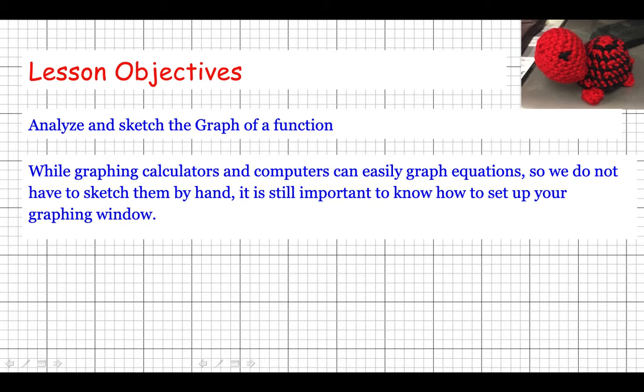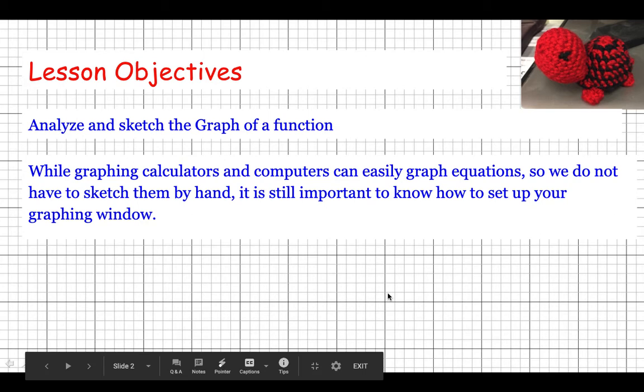But it's still important because, as we've talked about before, technology will graph in whatever window it thinks is best. Knowing more of what's going on helps us set the best window to get our best view of the graph and see what we want to find out.